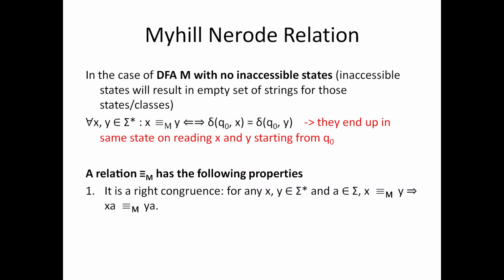That is, we are appending a on the right hand side of strings x and y, and the strings so generated will also be related. So that is very evident. After reading x and y, we reach the very same state, and from that state, if we read another symbol a, we will go to the very same state in the case of a DFA. So that is very evident in the case of a DFA.